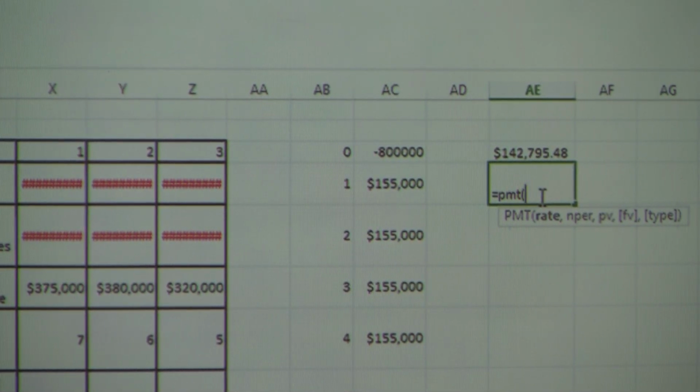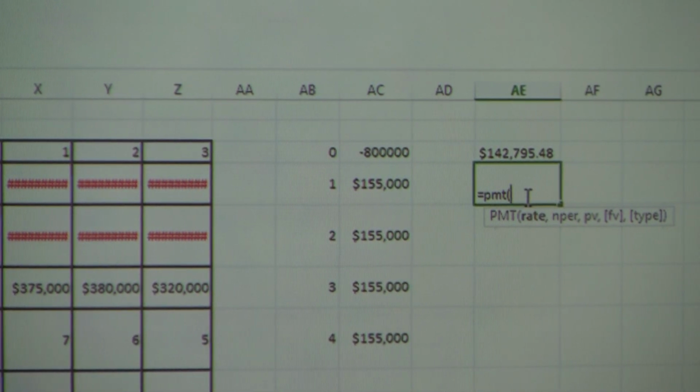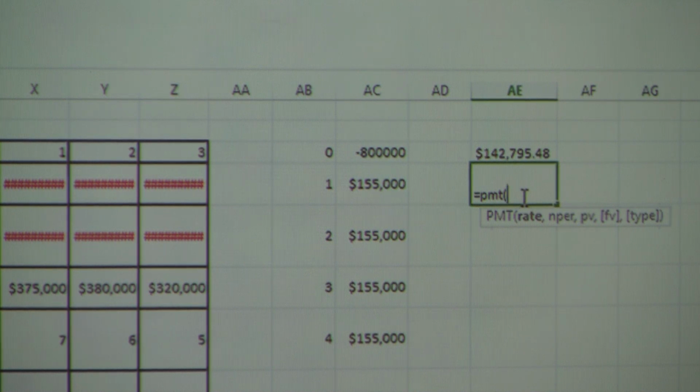Yeah, the payment is the payment. The 155 already is the payment over 7 years. So the same way we use net present value and we added the present value to that formula, what I needed to do was convert the present value and future value to a payment and add the current payment value to that.